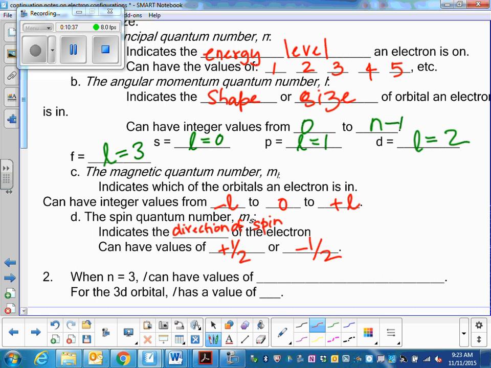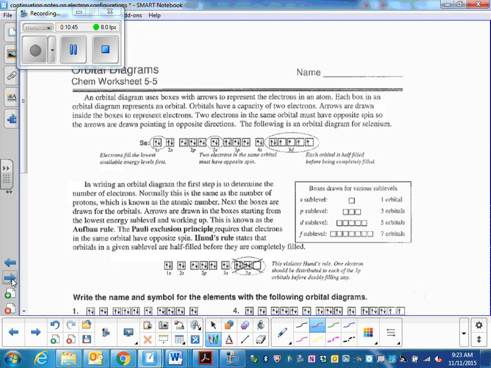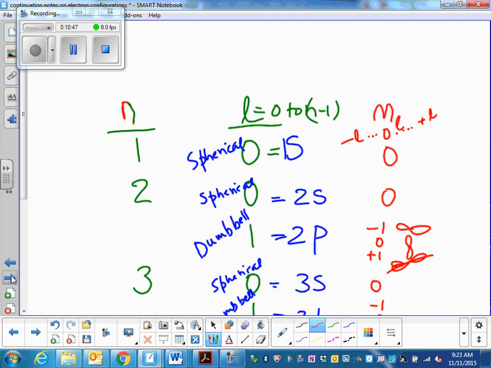Meaning it's either spinning in the clockwise direction or in the counterclockwise direction inside an orbital. So if you go down here, the final value, ms, can be plus half or minus half.